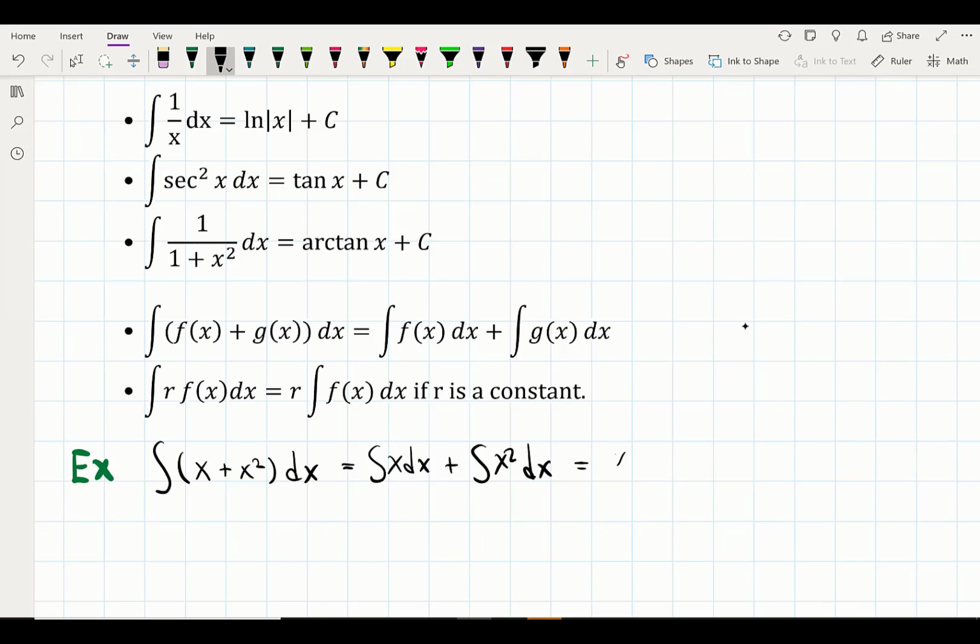The first one is x squared over 2 plus, let's say, c1. The second one is x cubed over 3 plus c2. But one constant plus another constant is still a constant. It's still something that doesn't depend on x. So I could just as well write this as x squared over 2 plus x cubed over 3 plus c3, or just c, if you will. In fact, let's just call it c.